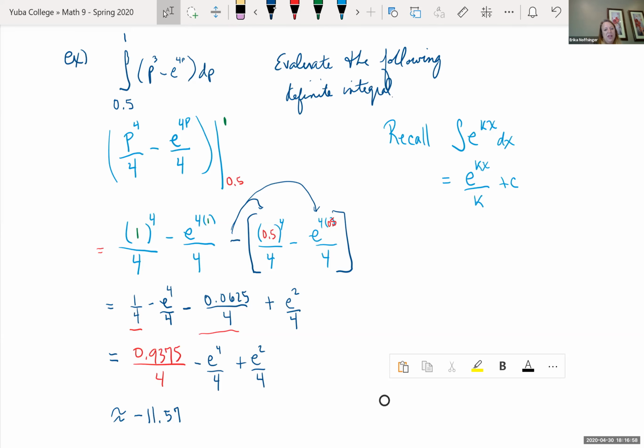Okay, so we can use the fundamental theorem of calculus, these definite integral rules, and apply them while we're using U-Substitution to help us integrate. The thing is, there are 2 different ways to do this.